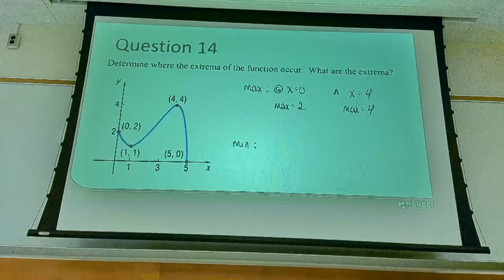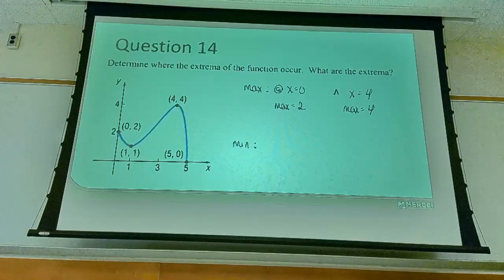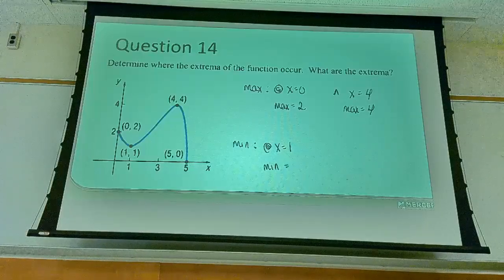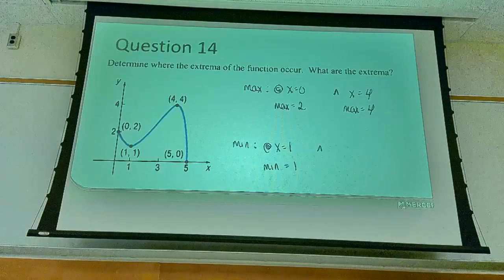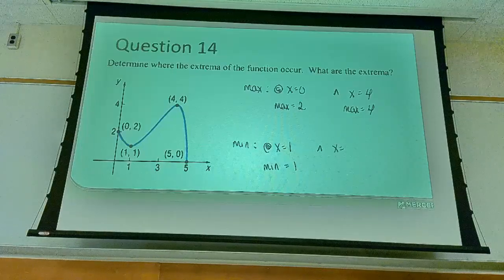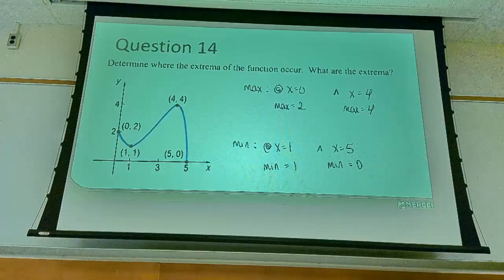The minimum at 1 occurs at 1, and the value is 1. And then the minimum occurs at 5, with a minimum value of 0.